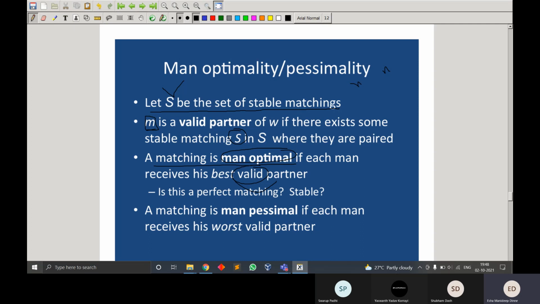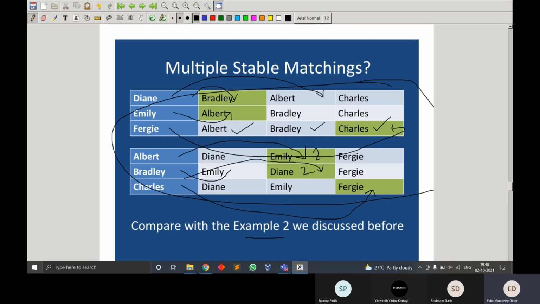A matching is called man optimal if every man receives his best valid partner, not just some men and some women. It is called man pessimal if every man receives his worst valid partner. Similar to best valid partners, there can be worst valid partners.